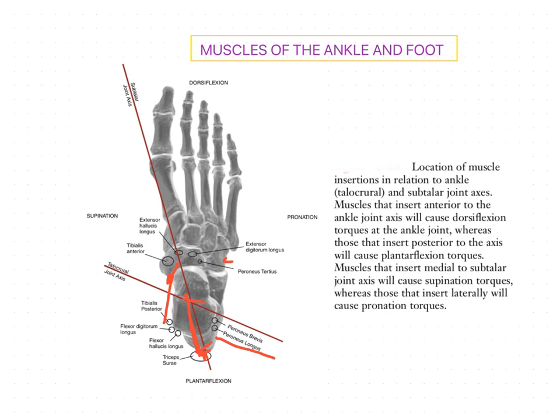If you see the dorsiflexors, what are the main muscles which help in dorsiflexion? They are the tibialis anterior muscle, the extensor hallucis longus, the extensor digitorum longus and the peroneus tertius muscles.